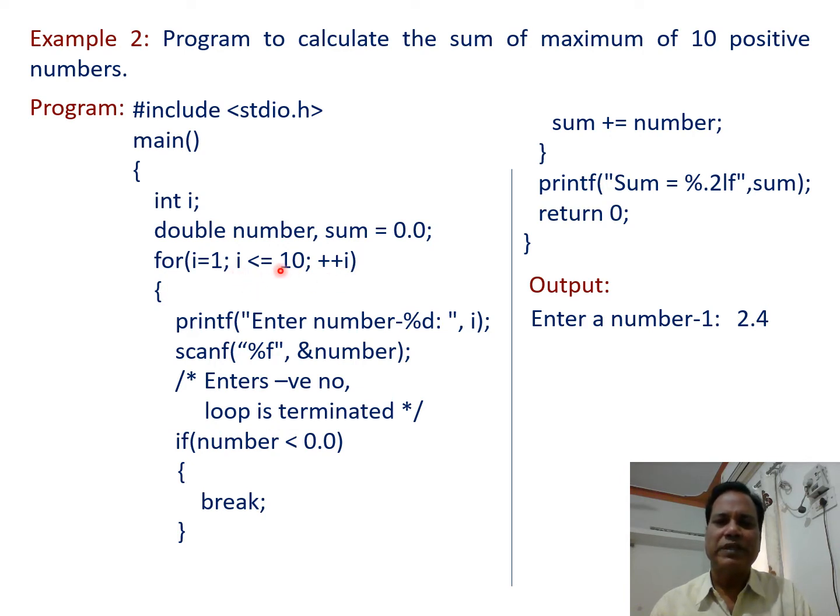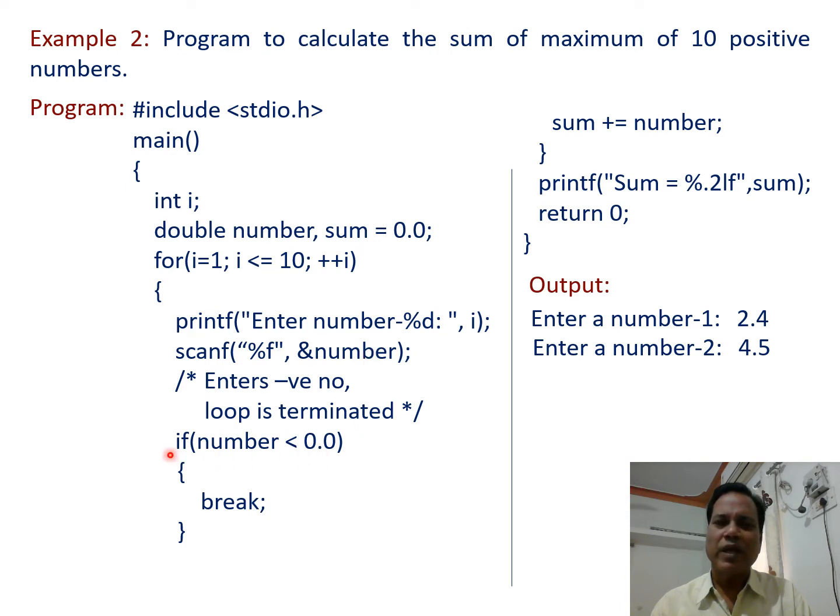Now the condition is true. When the condition is true, the body of the for loop is executed. So the second time also a message is displayed: enter a number 2. So the second number is to be entered, and when the user enters 4.5, this number is taken in and is stored in the variable number.